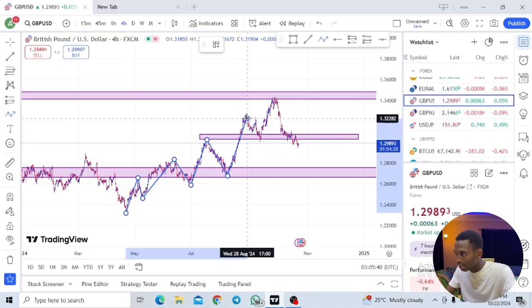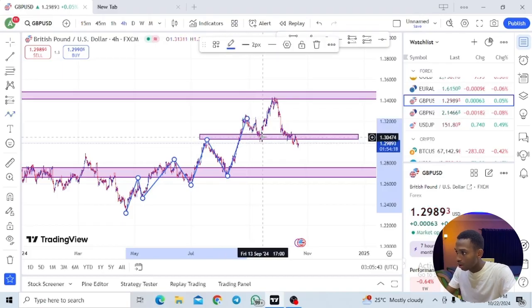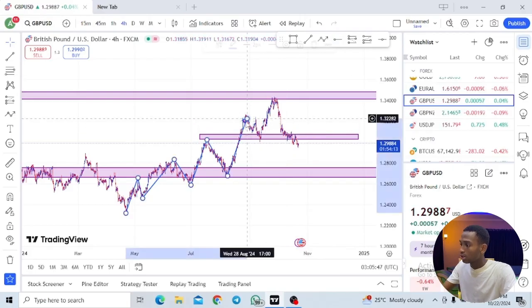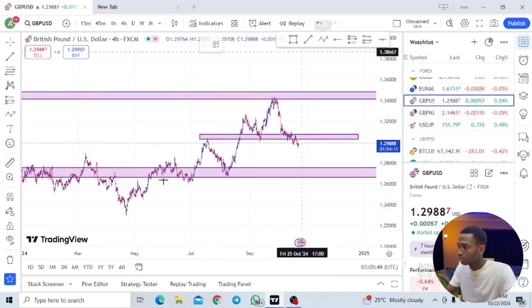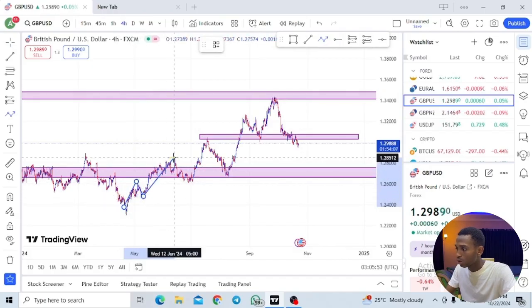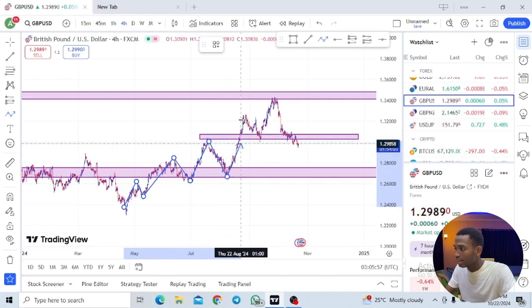Then you can see it here. It broke above. Oh, sorry, let me delete this and do that again. 1, 2, 3, 4, 5, 6. Then it broke above. Then it came back here to touch. And now it came to this upper level.